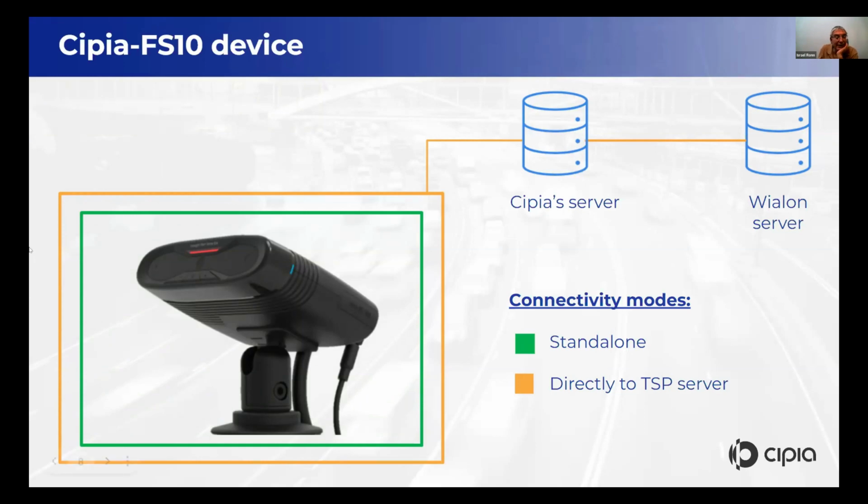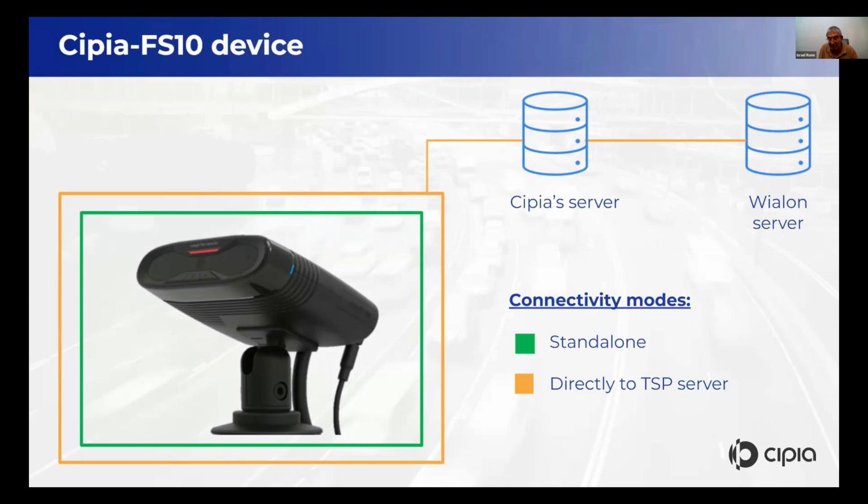The second possibility is an LTE connected solution, where Cipia FS10 will talk with Cipia's middleware server that will talk with the Wialon server, and all the events will get to the Wialon server, to your account, and will show you locations and driver monitoring information of the vehicle which is being tracked.